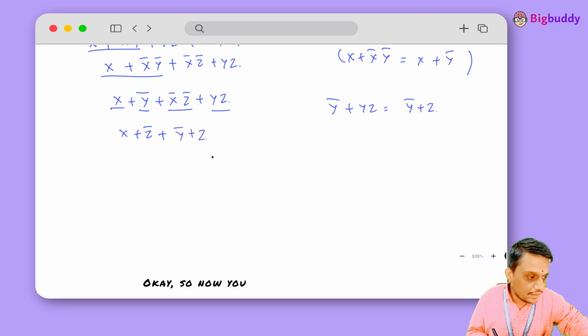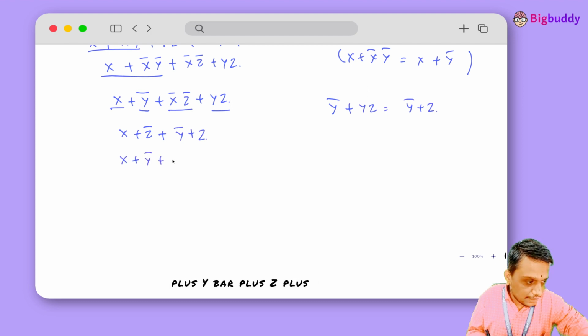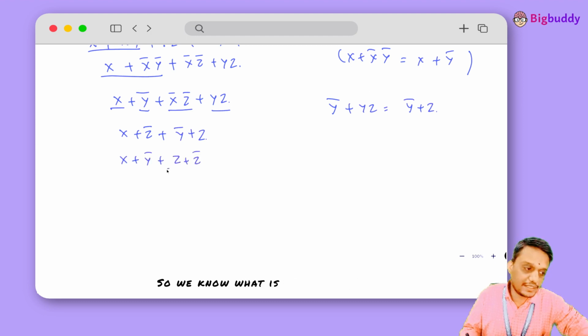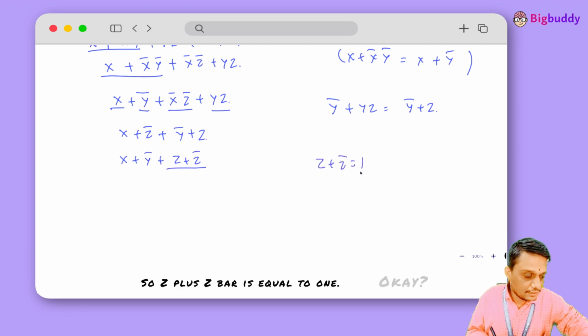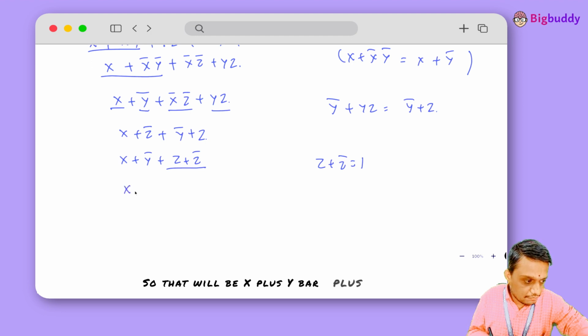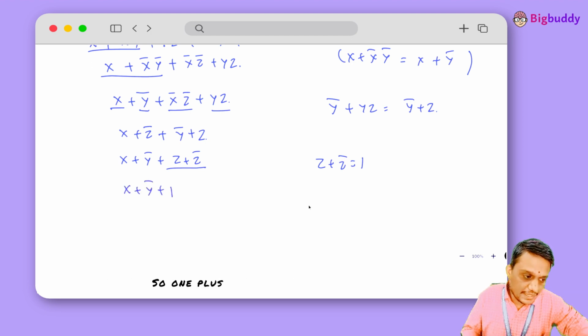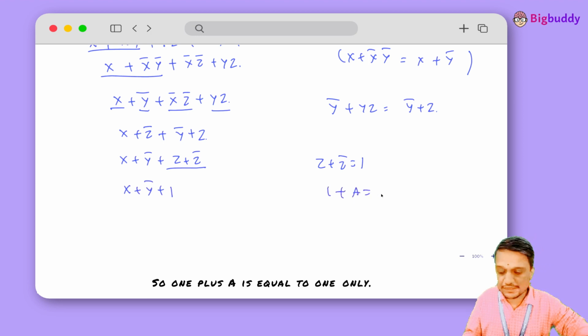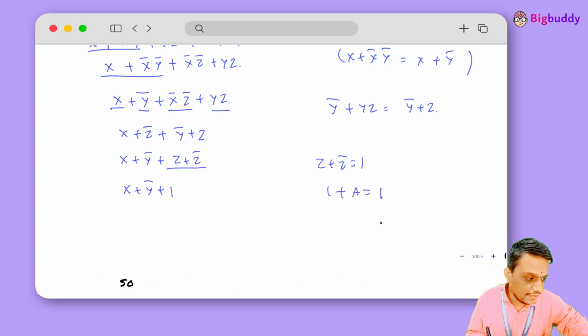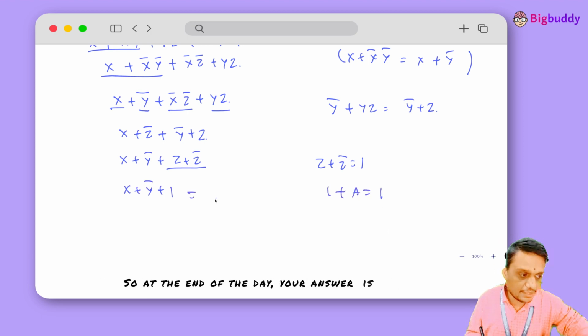So now you can rearrange this x plus y bar plus z bar plus z. So we know what is z plus z bar. So z plus z bar is equal to 1. Okay. So that will be x plus y bar plus 1. So 1 plus a is equal to 1 only. 1 plus anything is 1. So at the end of the day, your answer is 1.